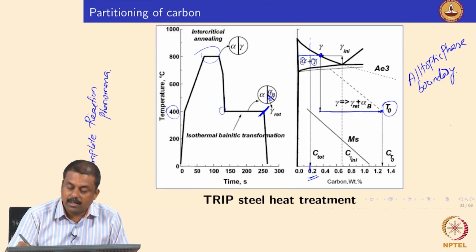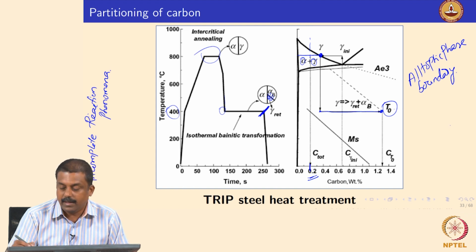Until the carbon concentration reaches that point, you would have a bainitic transformation. Once your austenite carbon concentration reaches the T0 carbon, the concentration at which both ferrite and austenite have the same Gibbs energy, your transformation ceases. That means no more transformation of austenite to bainite, bainitic ferrite.